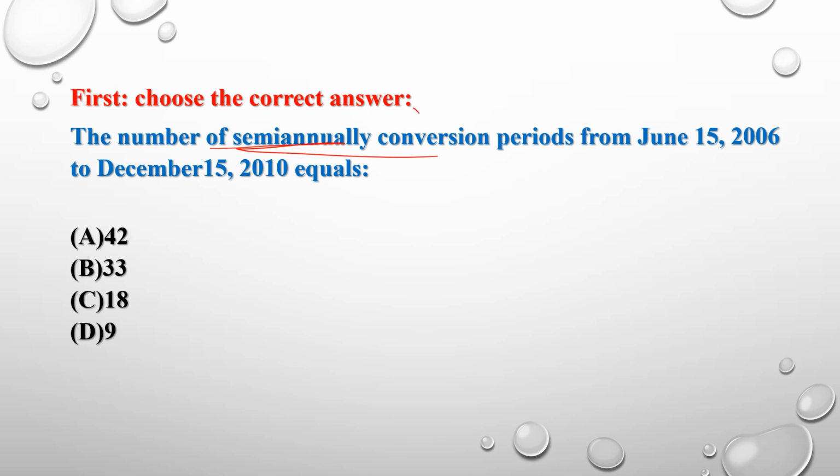So he's asking about N and is telling you that M is semi-annual, so M equals 2. And the whole period starts from June 15, and ends at 15 December 2010.